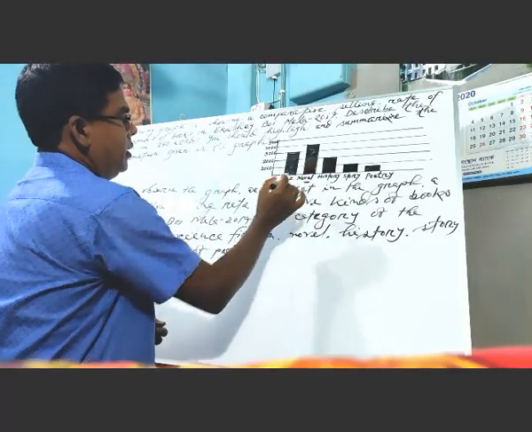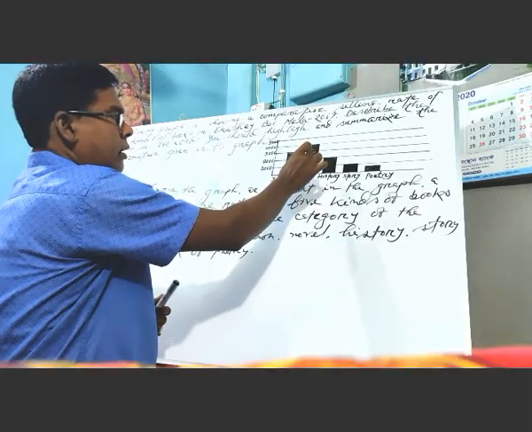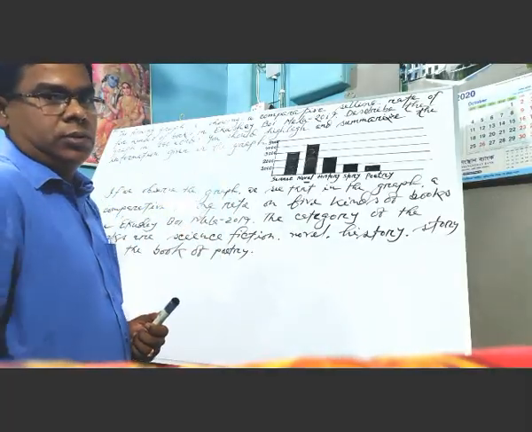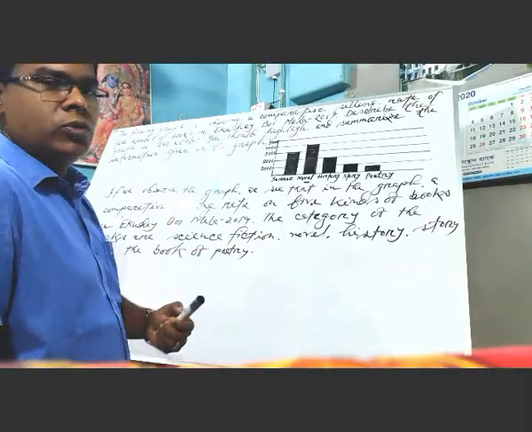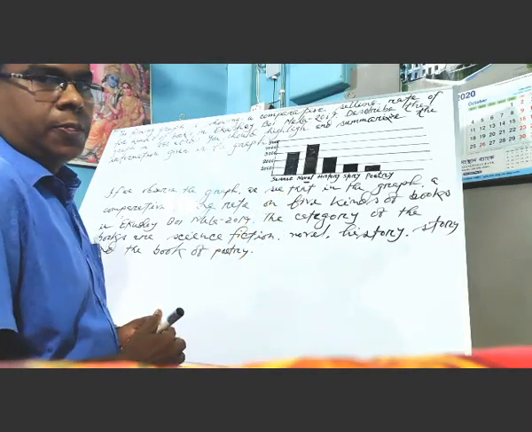Look here, novel. This is the highest rated column, and here we are looking that about 4,000 books were sold in the একুশে বইমেলা. Understand? So just you will write this information.